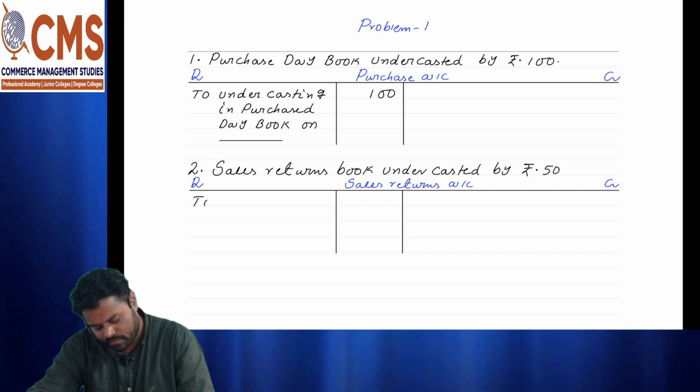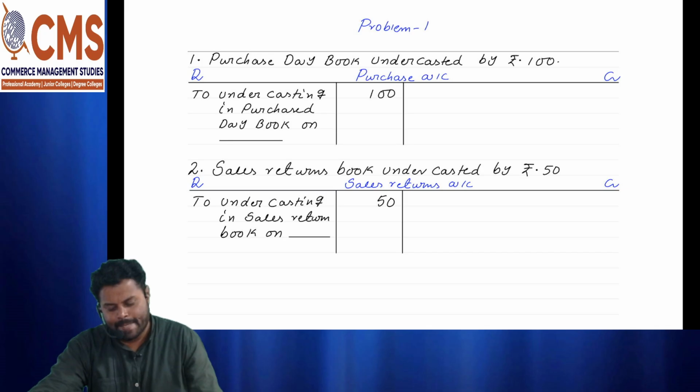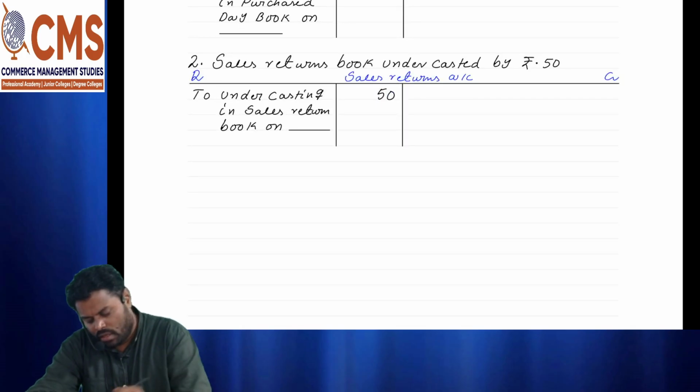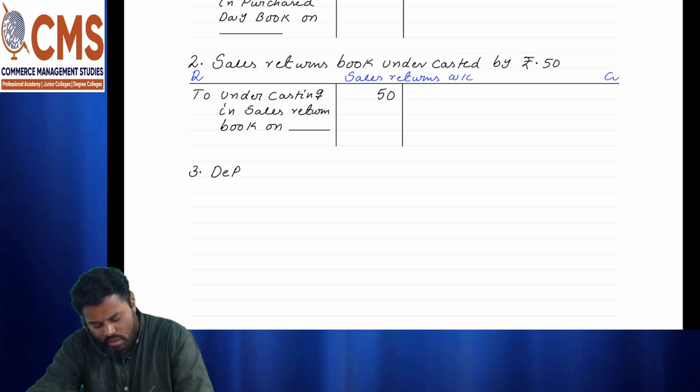To... value is 50. First one is over, right? So what is the third one? I think you forgot, I forgot, right? Depreciation, right? What is the amount?